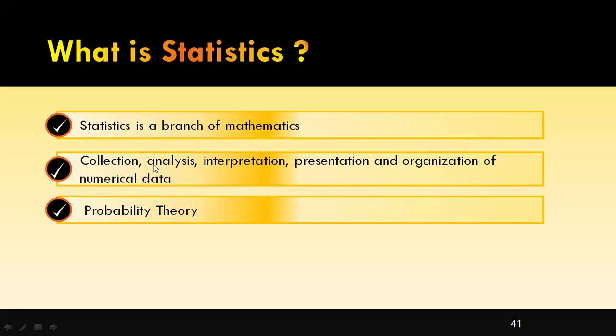For example, if I say there is a 0.7 probability that tomorrow it is going to rain, that means there is a higher likelihood that it is going to rain tomorrow. Instead of saying 70%, I'm going to say 0.70.